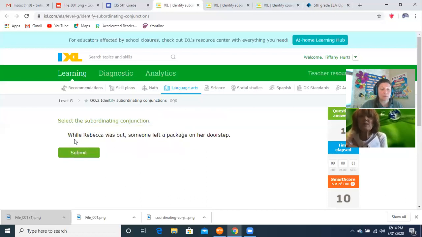Okay, the next one: while Rebecca was out, someone left a package on her doorstep. On this one, it can be "while." If you write those words down, you'll get those just like that. That is the subordinating conjunction right there.